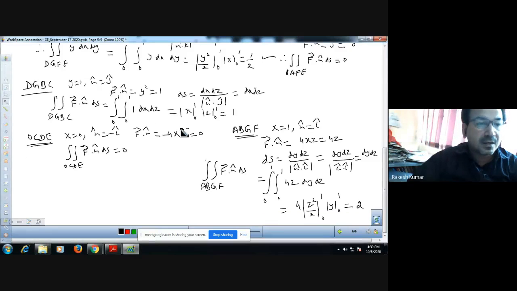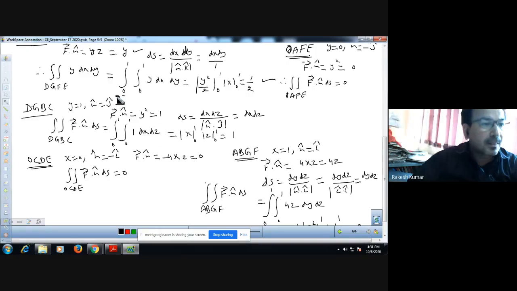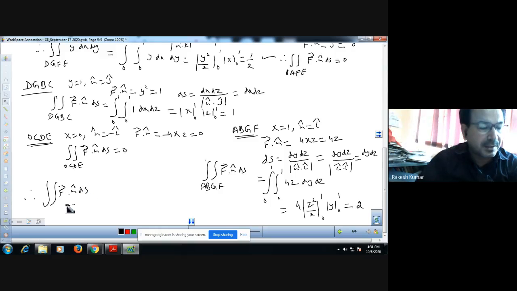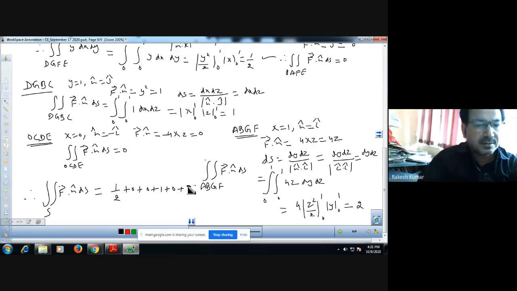Adding up all the values, we should have f dot n cap ds along the surface S: 1 by 2, 0 plus 0 plus 1 plus 0 plus 2.